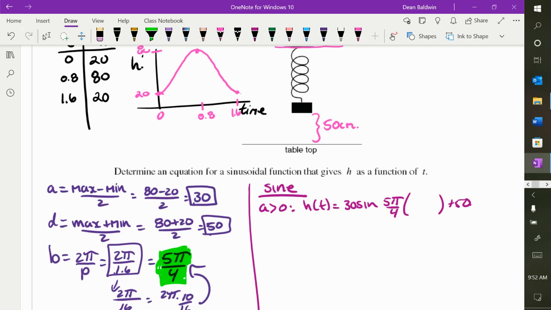the rising midpoint. Where's the rising midpoint? Where's that point? It's at halfway between 0 and 0.8. What is it? 0.4. Oh, there we go.